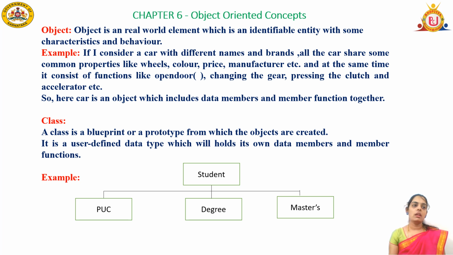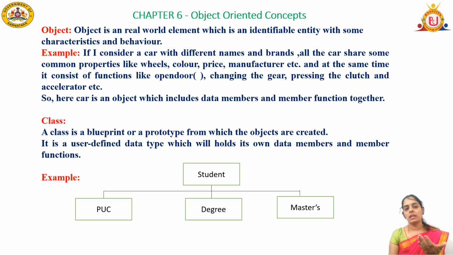Students, in the real world, we often come across objects of the same kind. For example, if I consider PUC students, degree students as well as master students, they will have common properties as well as behavior, or common attributes and behavior.